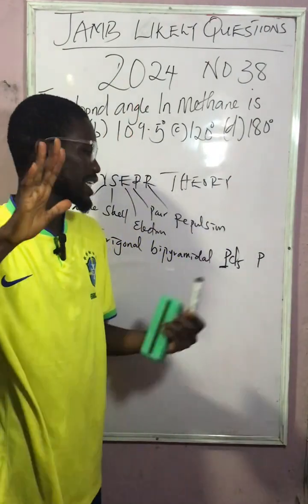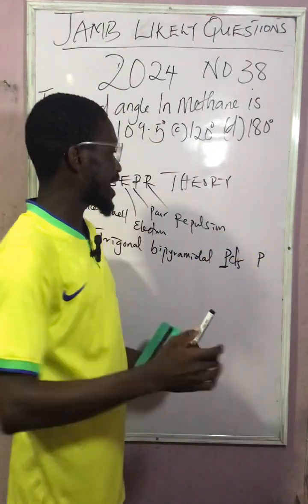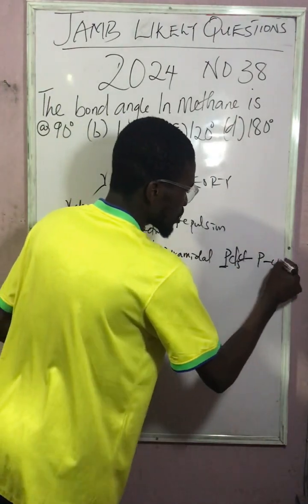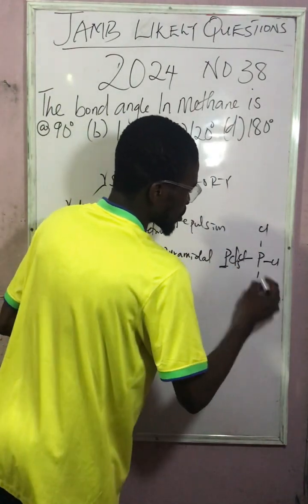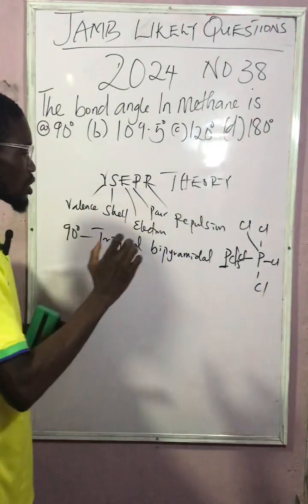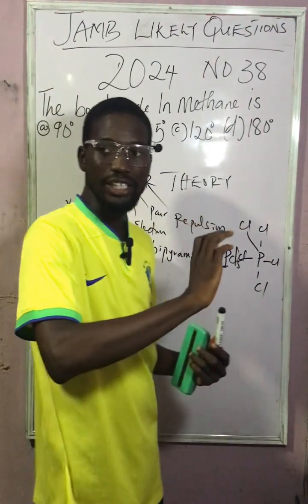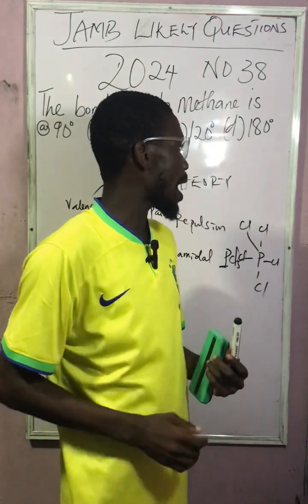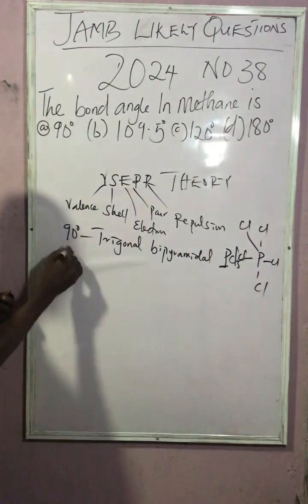In case you come across either phosphorus pentachloride or phosphorus pentafluoride, they are good examples. So you can have Cl, Cl, Cl, Cl, and put another Cl here, which shows that phosphorus pentachloride is a good example of trigonal bipyramidal.